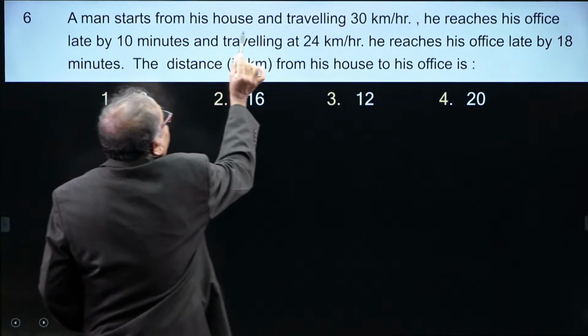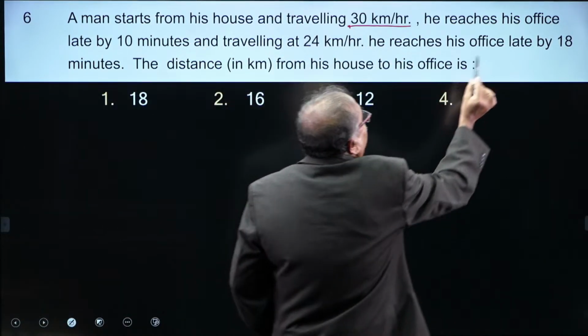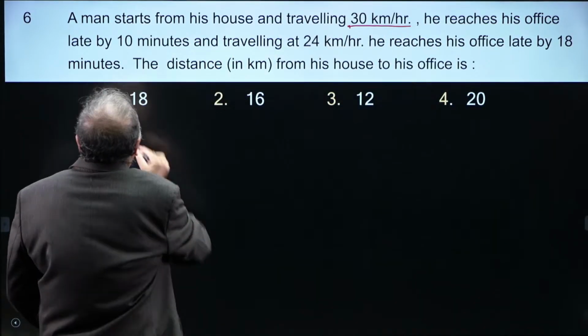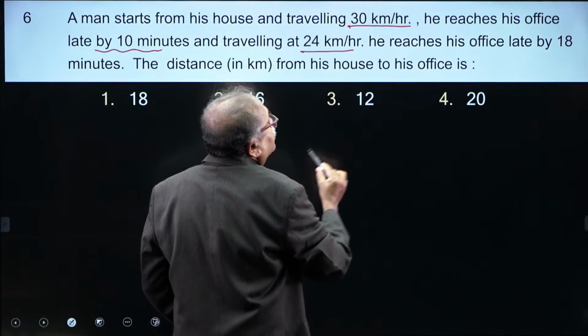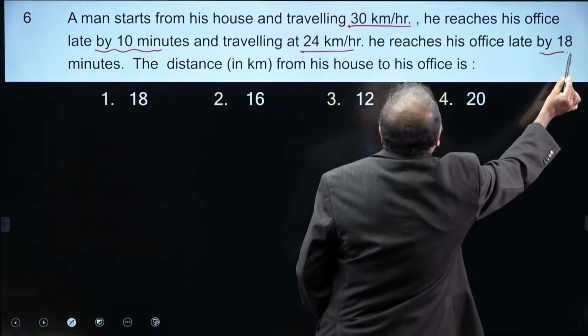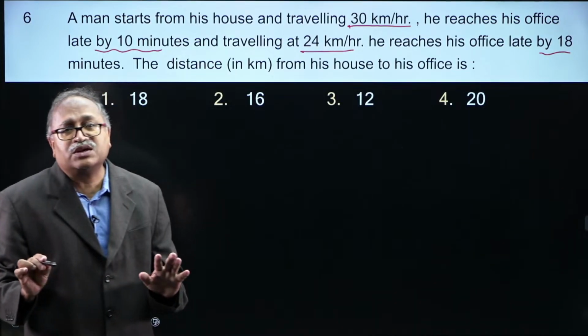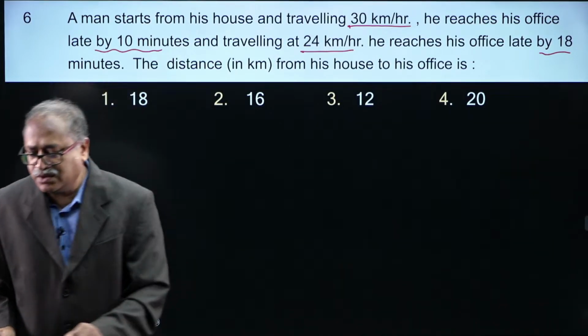A man starts from his house and travels at 30 kilometer per hour. He reaches his office late by 10 minutes, and travelling with 24 kilometer per hour, and he reaches his office at 18 kilometer per hour. I skip this question because I know you people know it. Okay, answer the question.